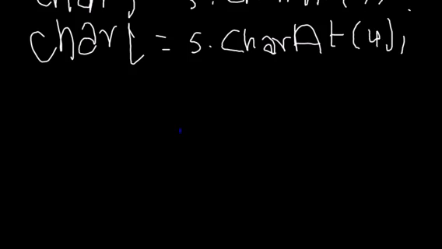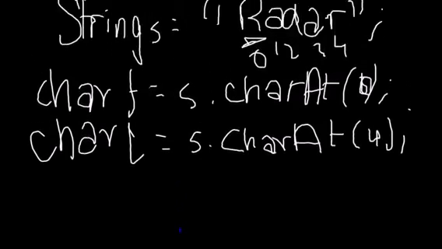Now the last character is not at position L, the length, but always at L minus 1. As you can see here, it's 4, and the length is 5. So we write char a is equal to s dot charAt L minus 1, and put your semicolon.